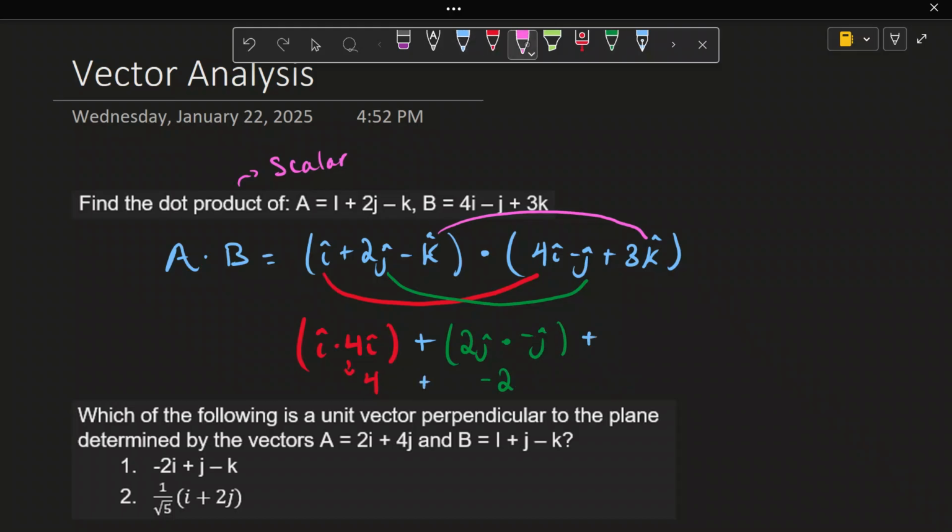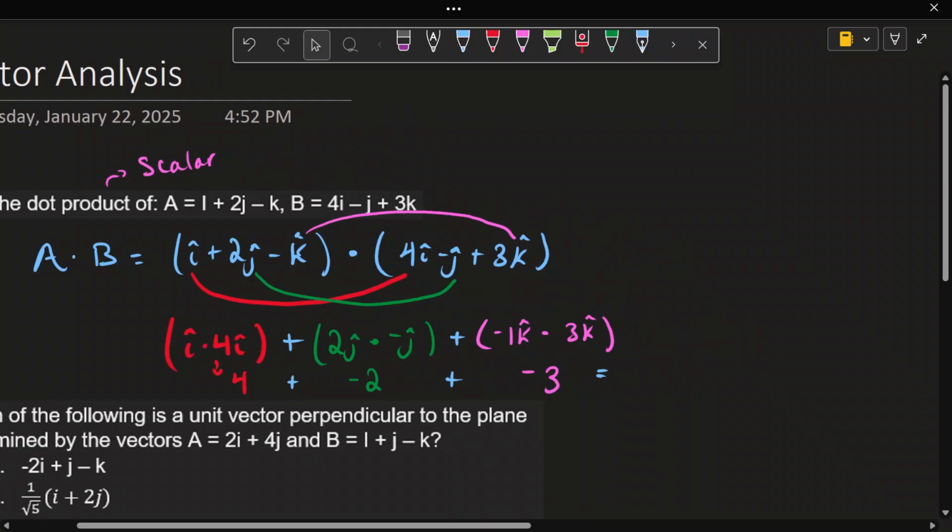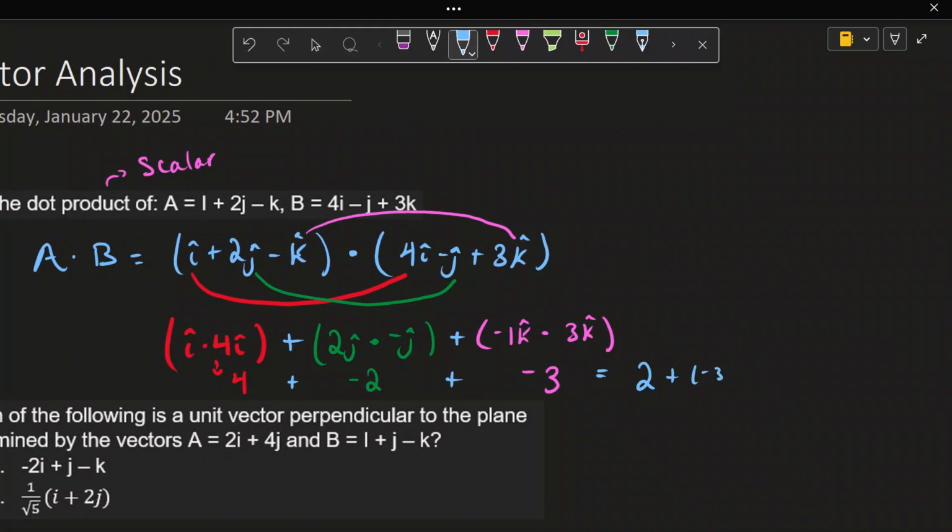Then you finally have the K hats, minus K hat times positive 3 K hat, and this is going to become minus 3. So 4 plus negative 2 is 2, and 2 plus a negative 3 is negative 1. So that's going to be our dot product.